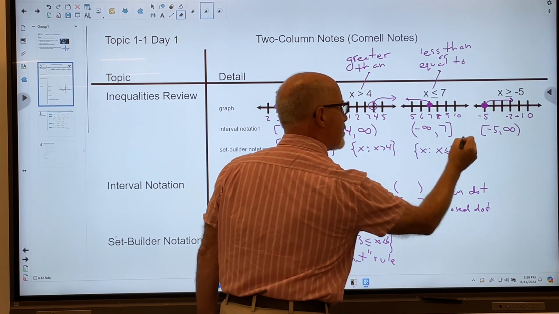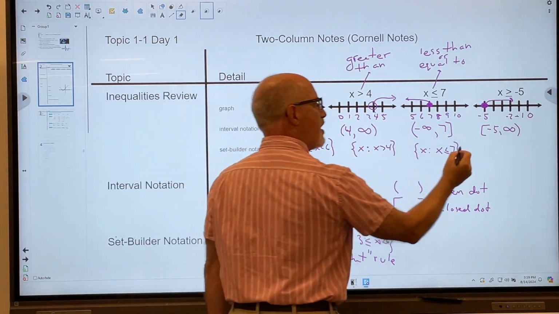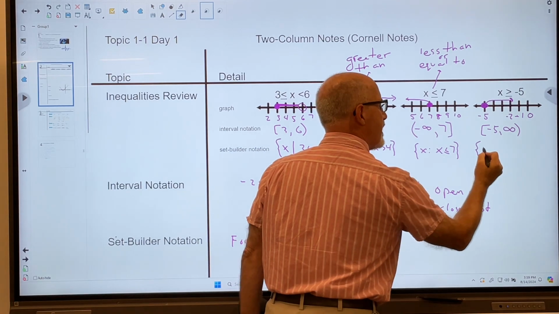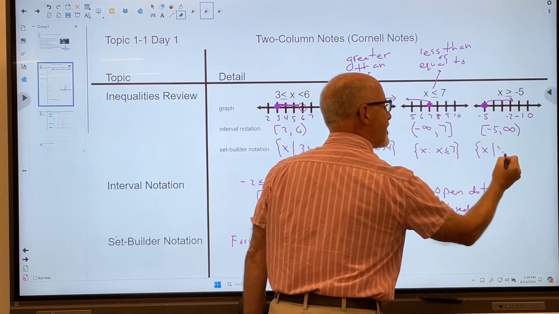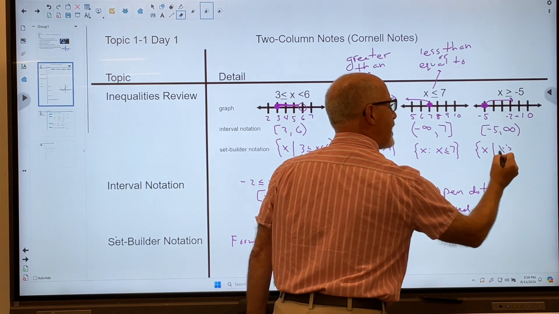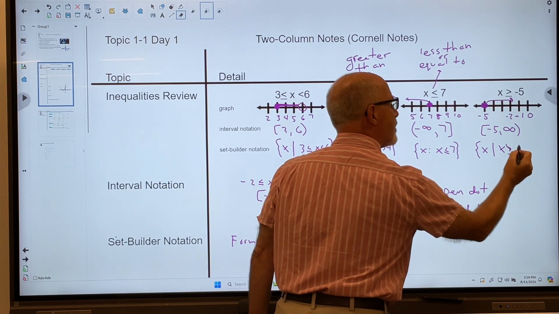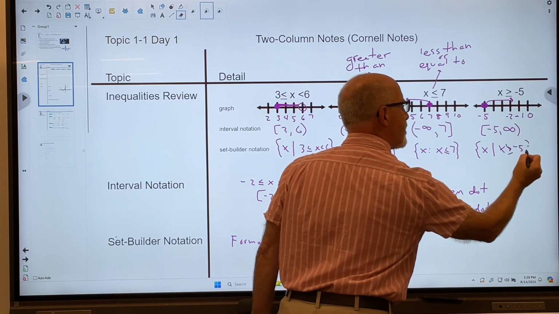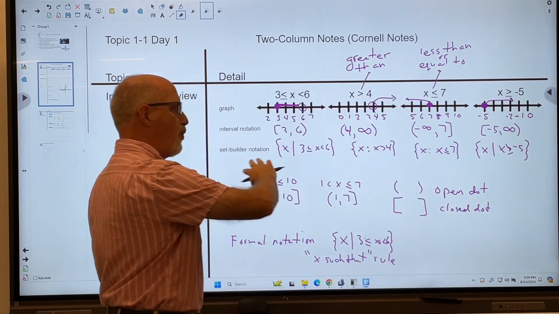And the last one, just to emphasize that it could be either one, I'll put the slash for this one. x such that x is greater than or equal to negative 5.